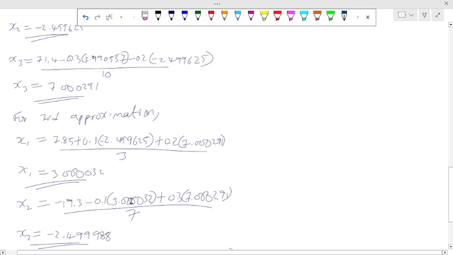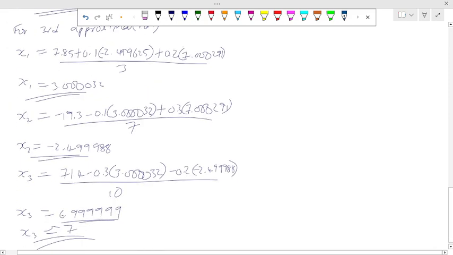Then for x2, we put the latest x1 and x3 values, giving a new x2 very close to minus 2.5. For x3, we put the latest x1 and x2 values, giving a new x3 which is approximately 7.